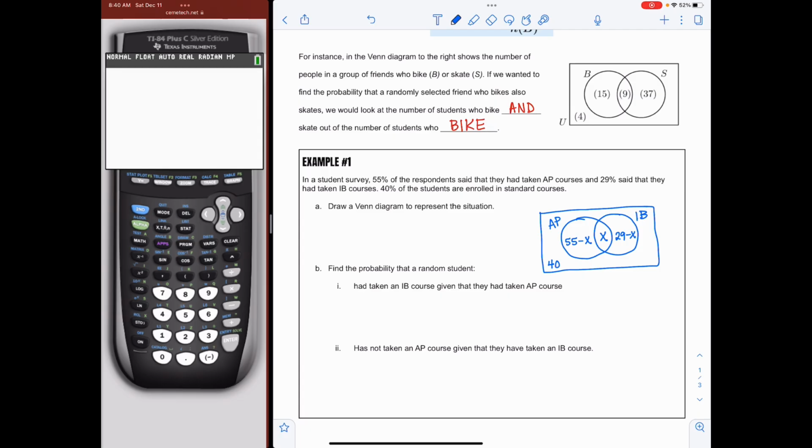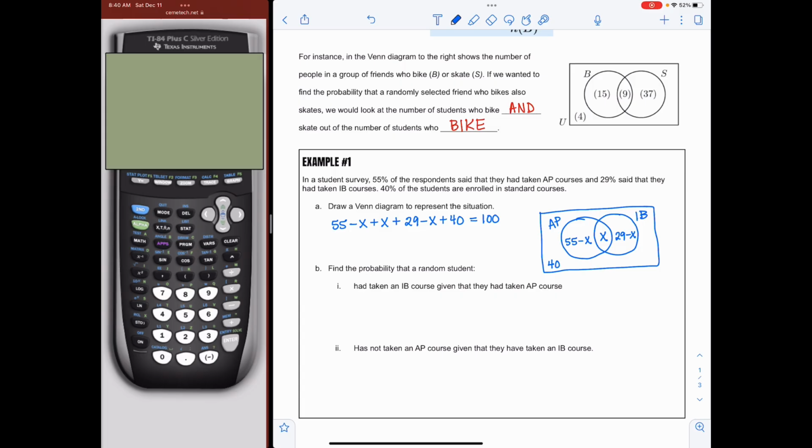So I'm going to make my equation. My equation is going to be 55 minus X plus 29 minus X plus the 40 on the outside. You cannot forget about them. And we know this should add up to 100% because we're talking about percentages here.